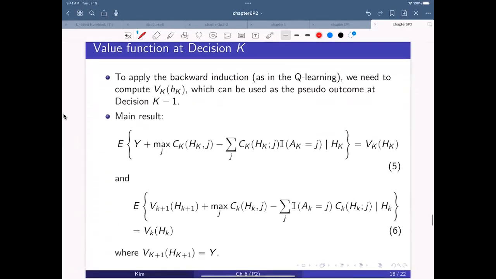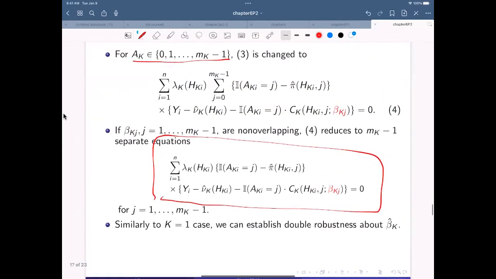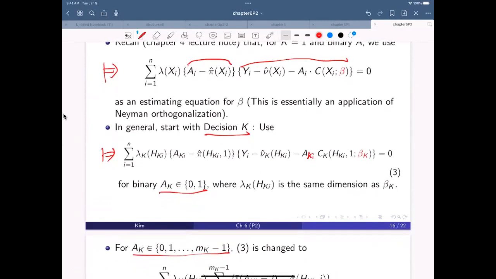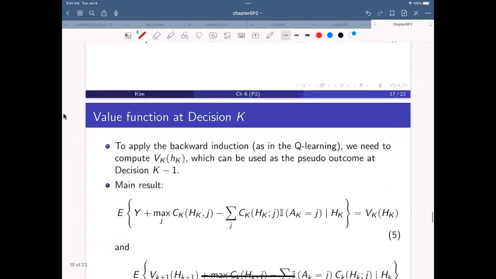Okay. Now, at least for decision capital K, it's okay because we observe Y. But we want to do the backward induction, as in Q-learning.